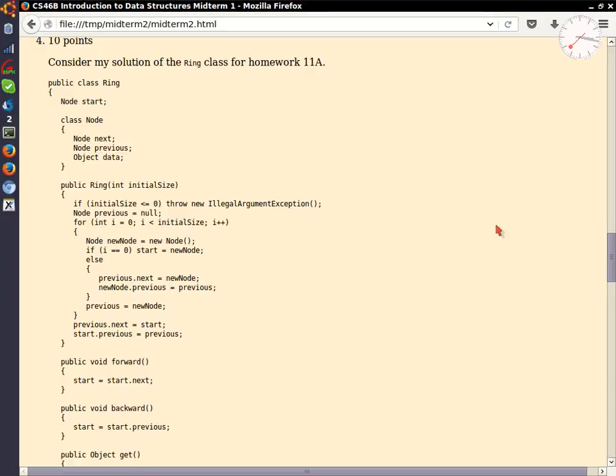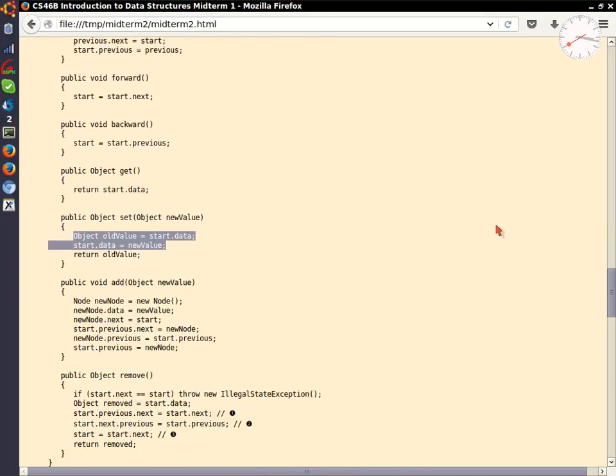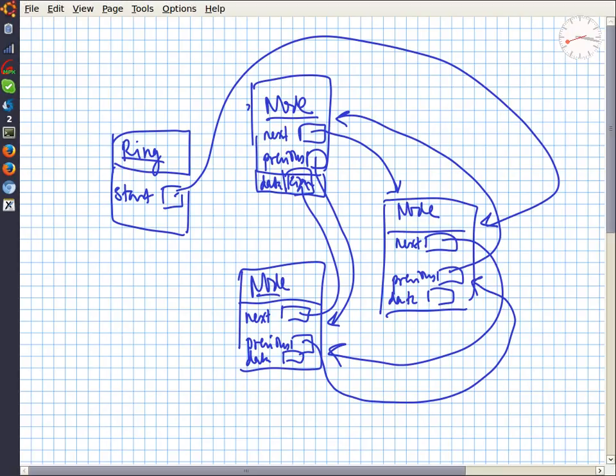And now the next data is Emma. And then over here it happens again, start equals start.next. So now start points to the next one that's here.